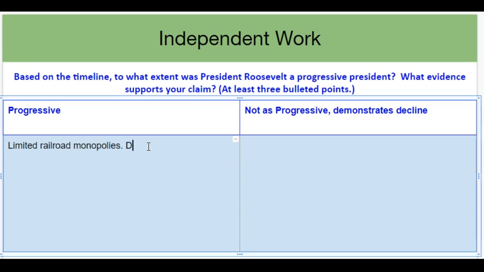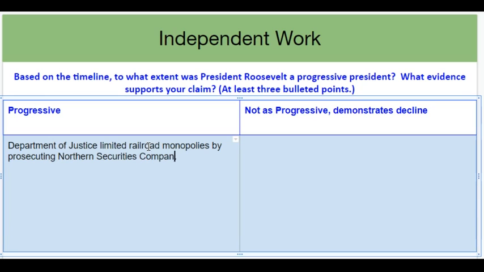Oops, that's the middle of a sentence. Let's try this again. I got to write a little more than that, right? Department of Justice, that's capitalized, it's a title. Limited railroad monopolies by prosecuting or going after Northern Securities Company.